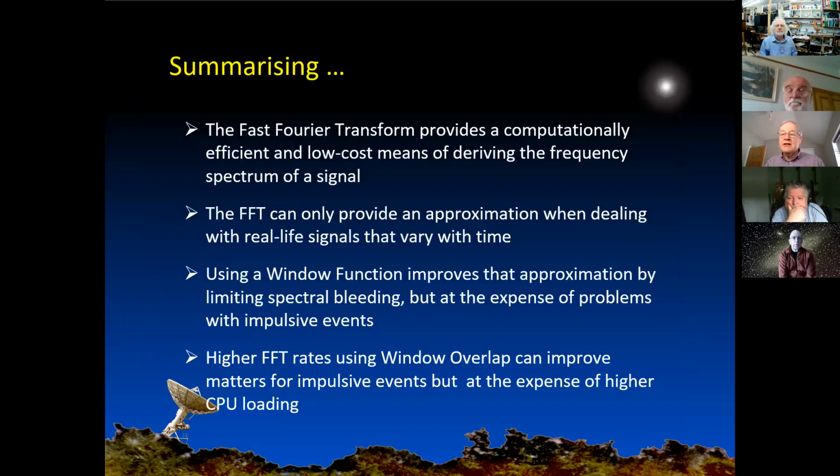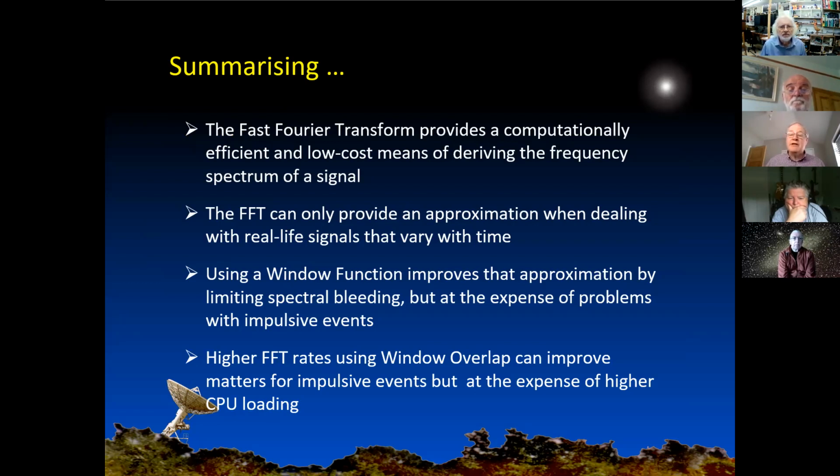So summarizing, before we have a break. I haven't been looking at the chat facility, in fact I'm not quite sure where I can see it, but perhaps Paul can provide some feedback on questions. So summarizing, the fast Fourier transform is computationally efficient and low cost in today's world.